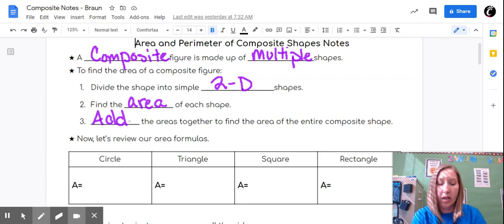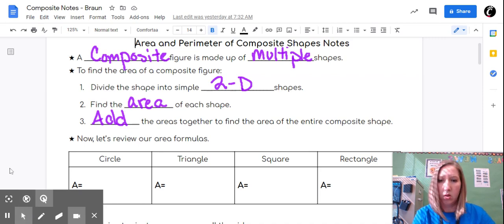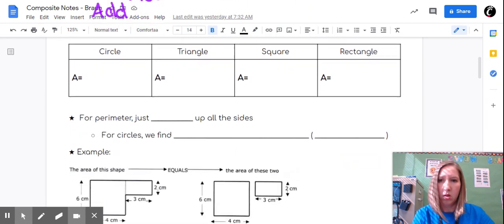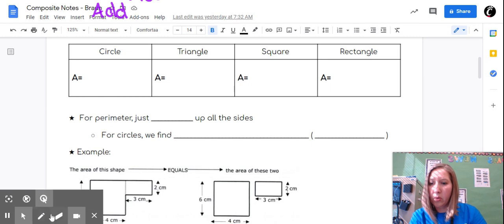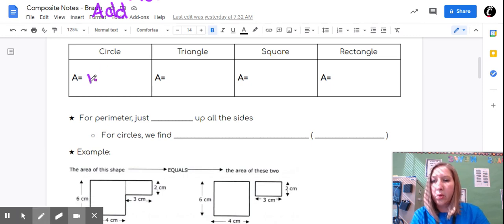So before we do anything else, let's take a look at our formulas for areas, because we're going to be using all of these as we work through our composite shapes. All right, so the first one, the area formula for a circle: area equals pi times radius squared, right?